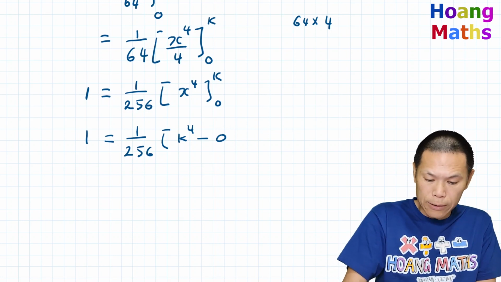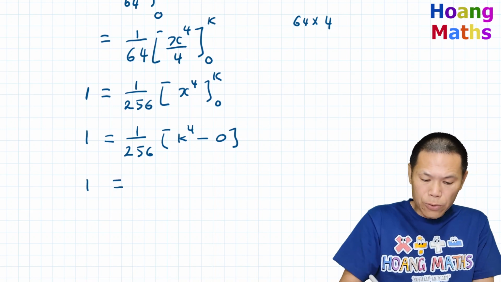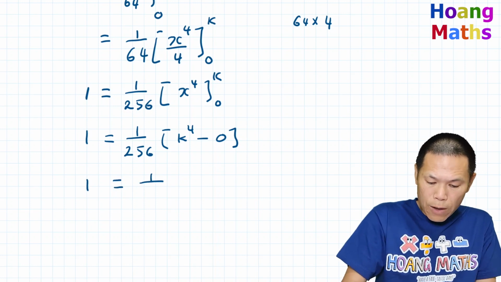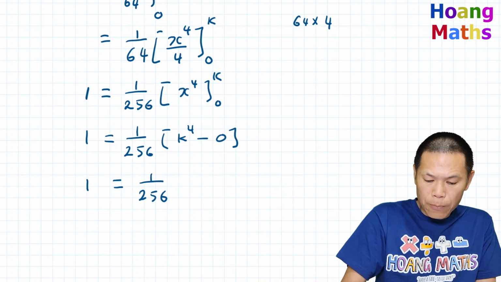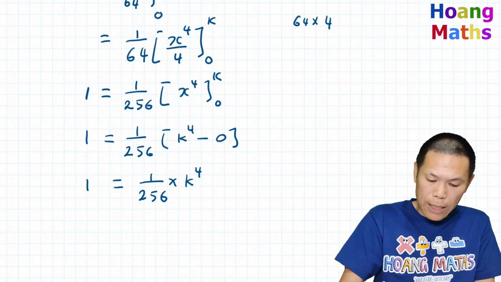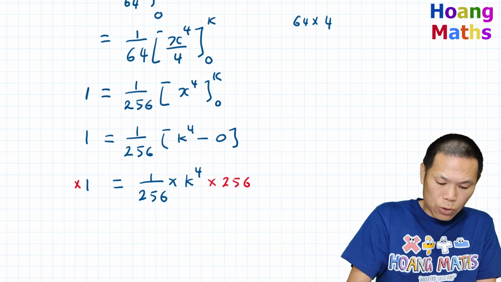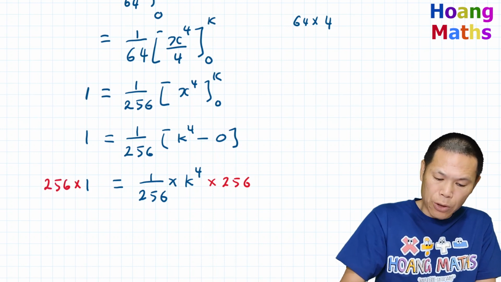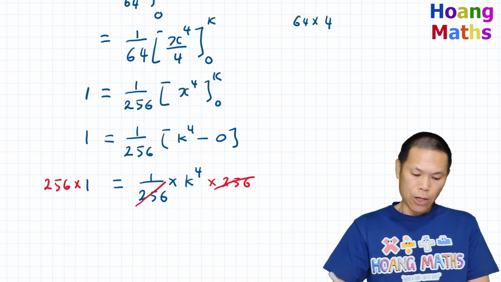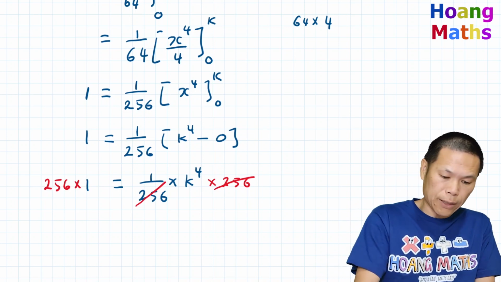So 1 is equal to 1 over 256 times k power 4. Now I just times 256 on both sides, because we need to get rid of this. So now k power 4 is equal to 256.